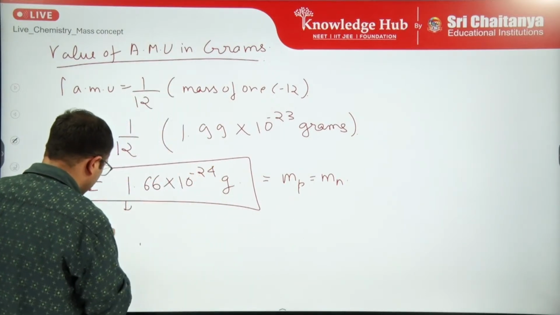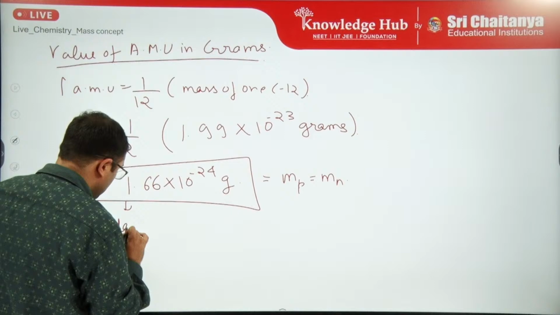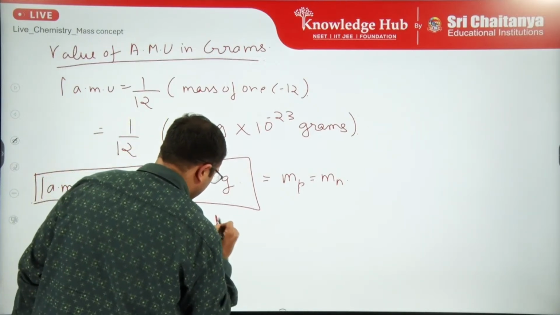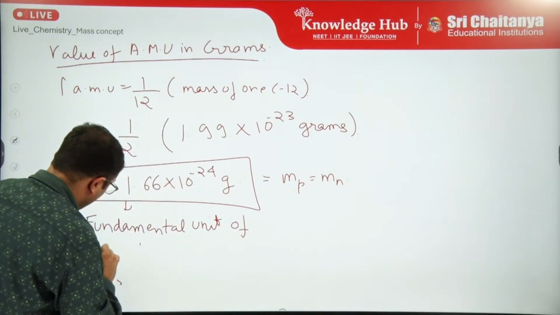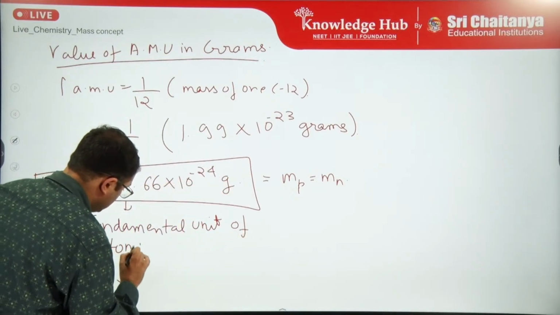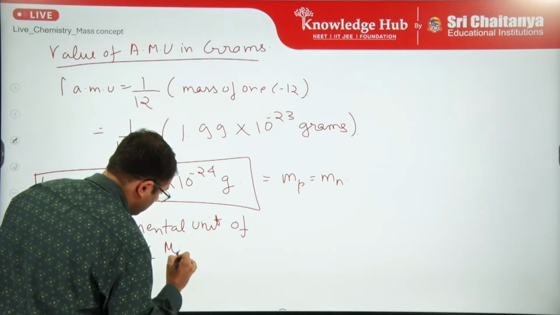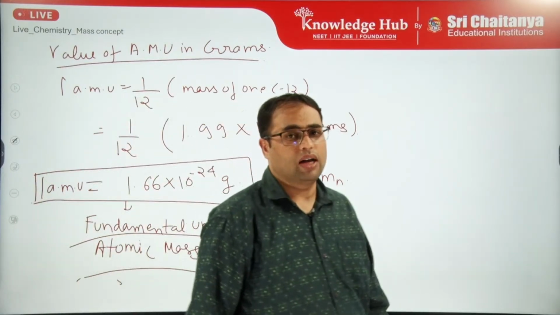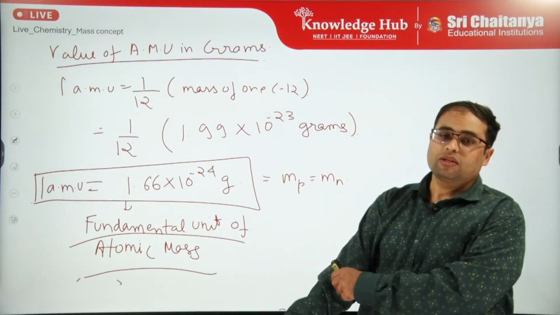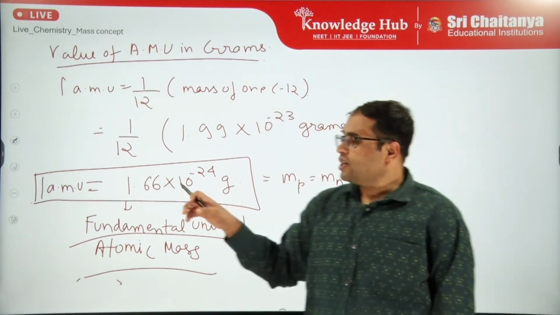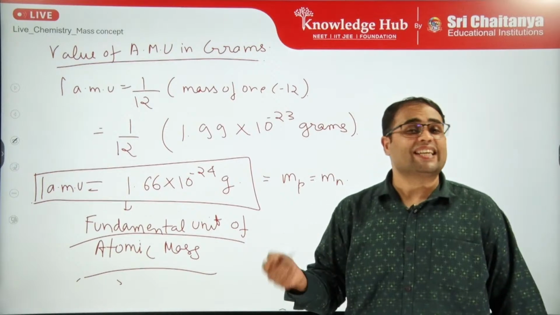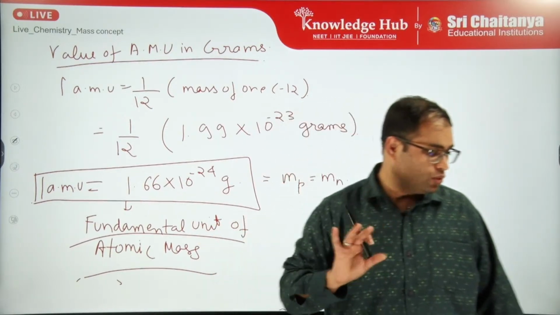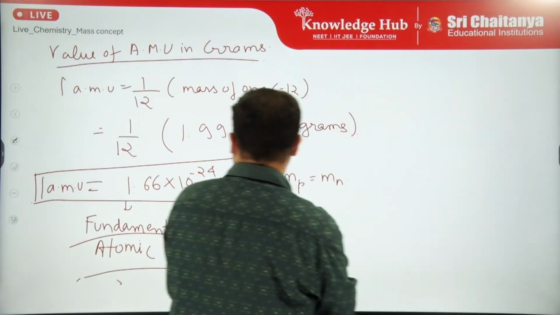This is the fundamental unit of atomic mass, which is atomic mass units. So one atomic mass unit is equal to 1.66 into 10 raised to power minus 24 grams. So this much is what it weighs.